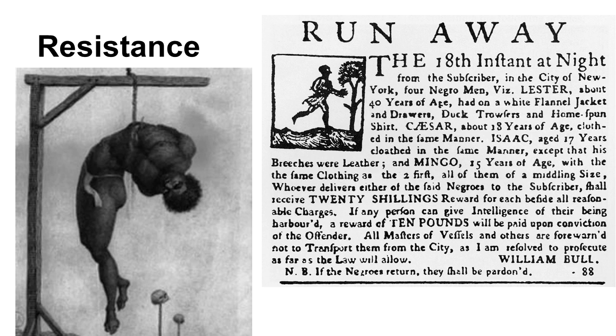There's a lot of resistance, a lot of people fleeing. They fake illnesses. Slaves are breaking tools, slowing down production to cost their masters money. And on Monday, we'll look at the Stono Rebellion, where a rebellion breaks out to help free the slaves.